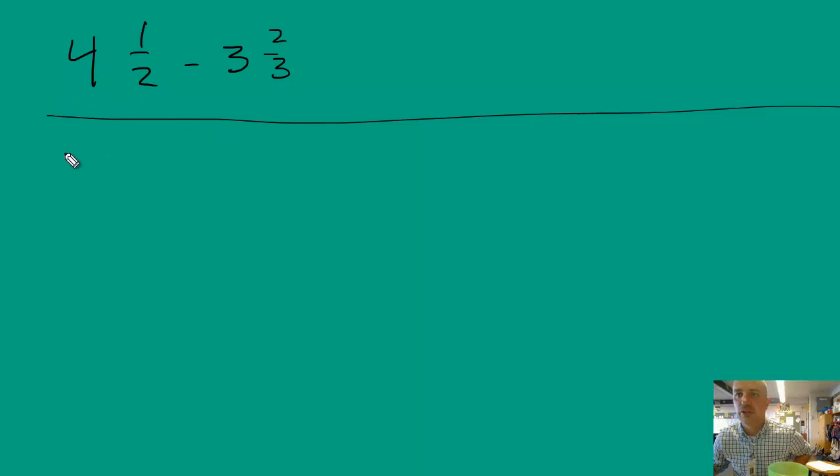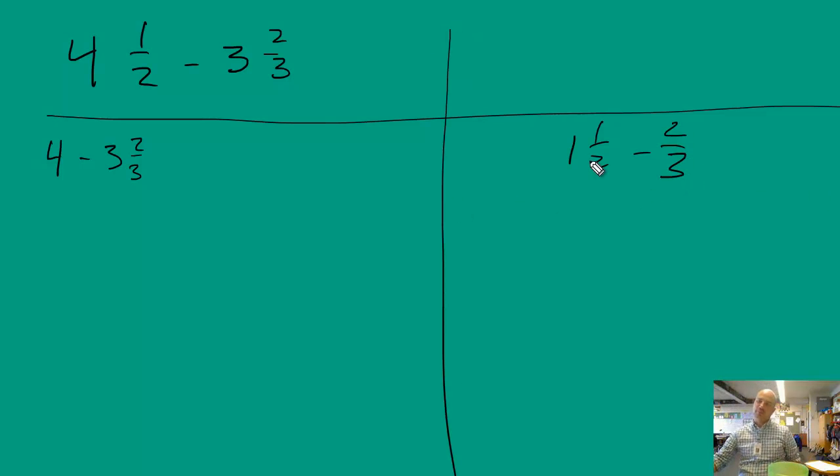If you're doing method 1, you're going to be subtracting 4 minus 3 2/3. And if you're doing method 2, you're going to be doing 4 minus 3 is 1. So you're going to take 1 1/2, and you're going to subtract out 2/3.